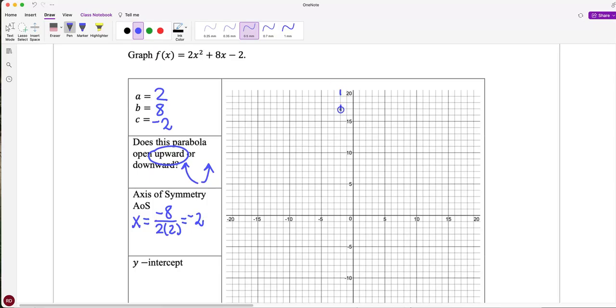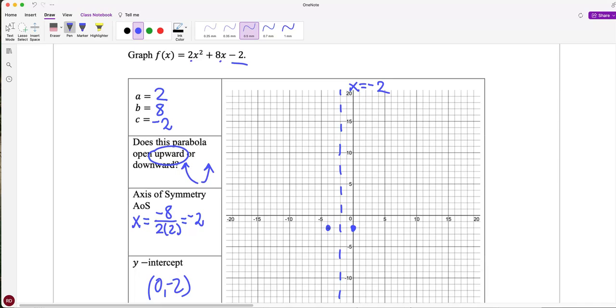So -2 is my axis of symmetry. Y-intercept. When x is 0, your y-intercept is at -2. So (0, -2), that means there is a matching point right there.